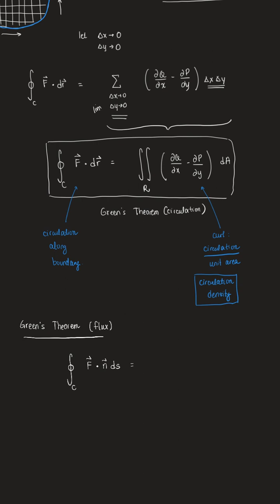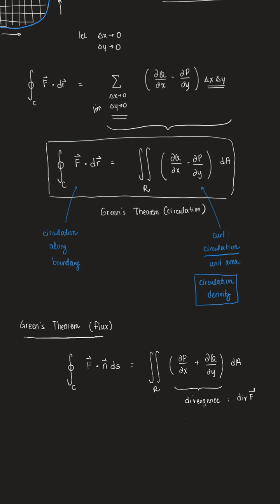And Green's theorem tells us that this is going to be the double integral over the region. This time, we're going to have the partial of p with respect to x plus the partial of q with respect to y times an area element. And you might recognize that this is called the divergence of the vector field, sometimes denoted div f.